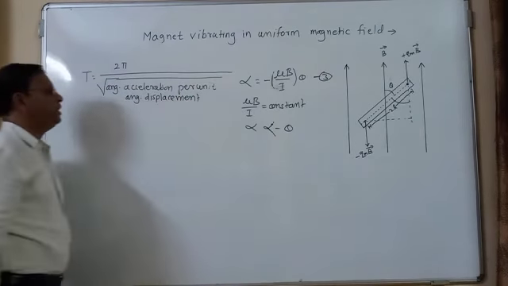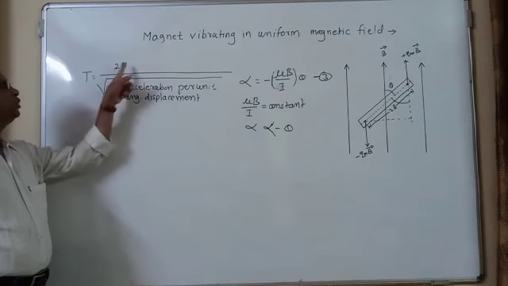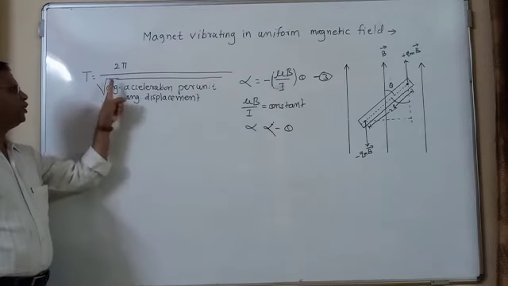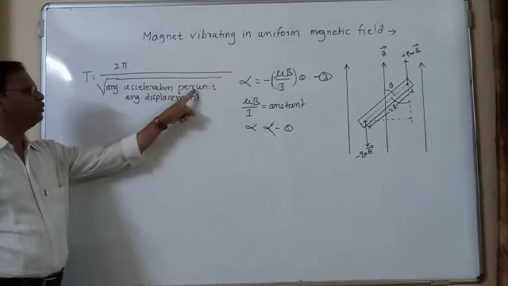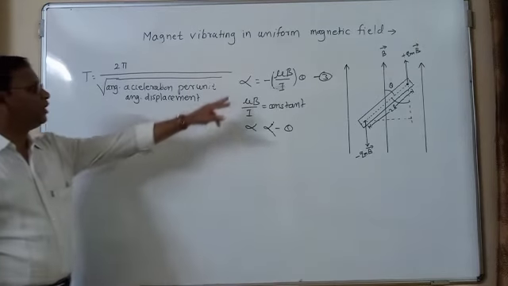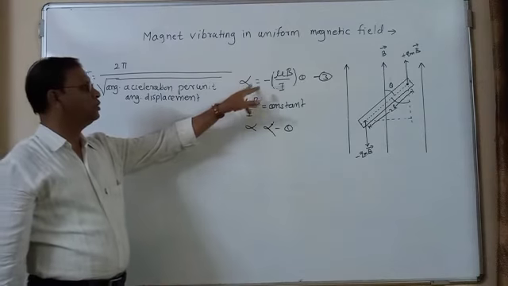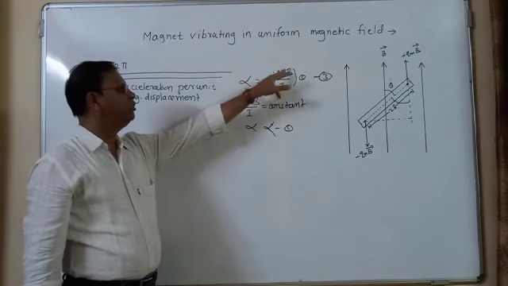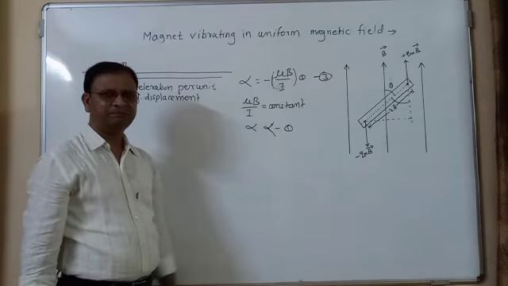Period T is equal to 2 pi divided by square root of angular acceleration per unit angular displacement. We have the formula for angular acceleration, alpha is equal to minus mu B upon I into theta.